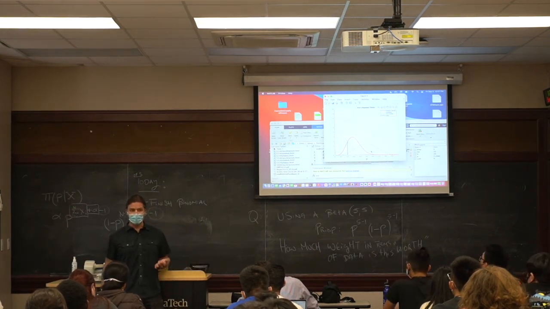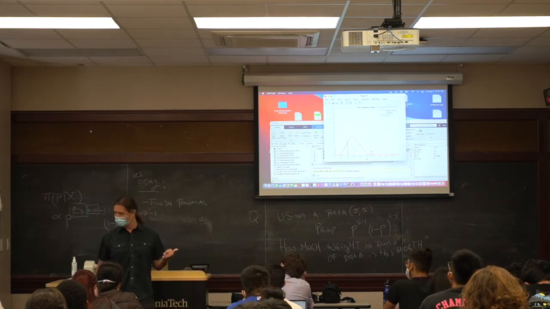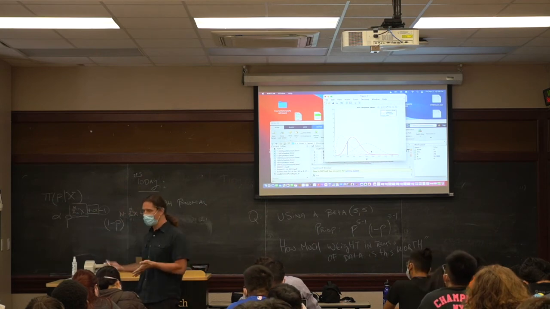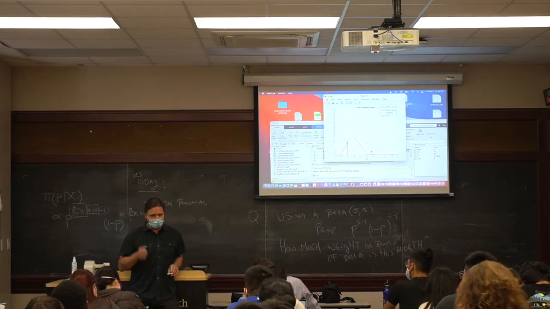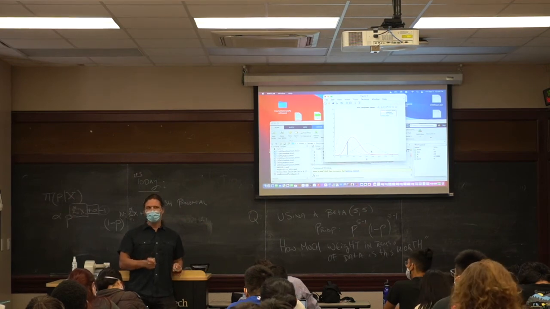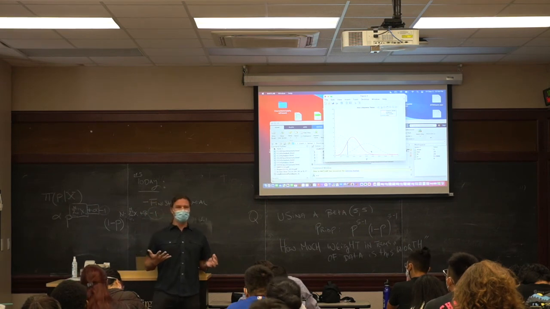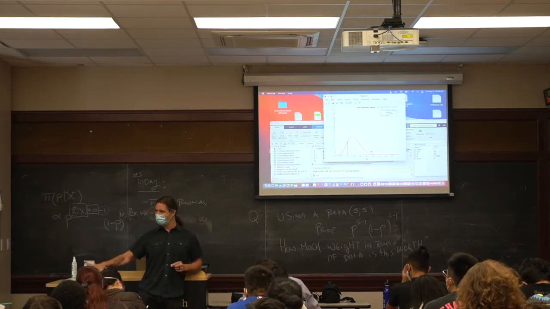So my posterior is acting like 20 data points almost. 10 of them are real coin flips, and 10 of them are this prior assumption that says, I think the coin is fair, and I feel very strongly about it. How strongly? 10 data points worth: 5 successes and 5 failures.